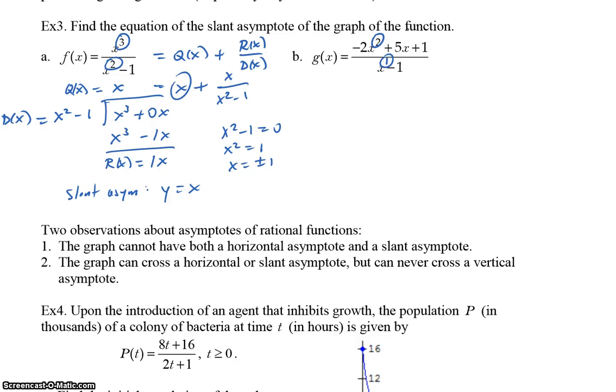So here let's try synthetic division. So I'll write the coefficients of the numerator, negative 2, 5, and 1. And then I'll use 1 from the divisor. It's x minus 1, so I use positive 1 up in the left-hand corner.